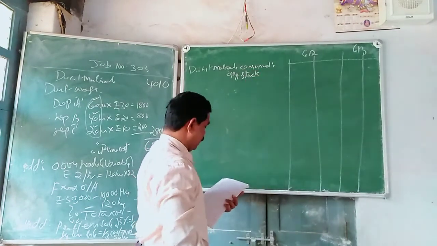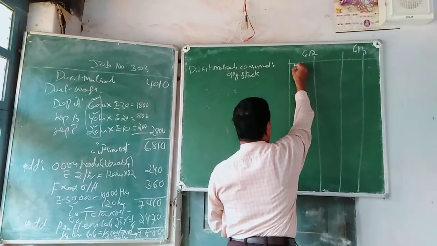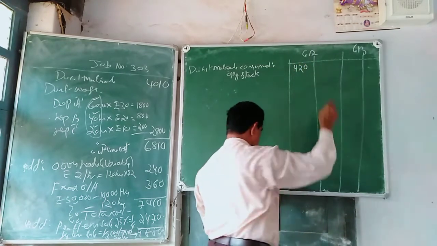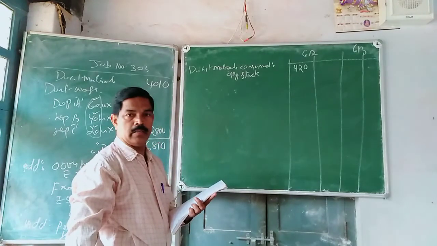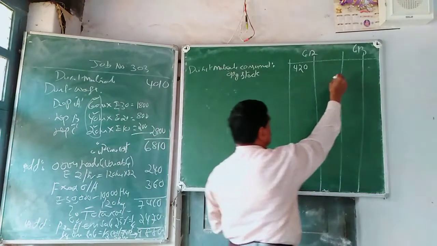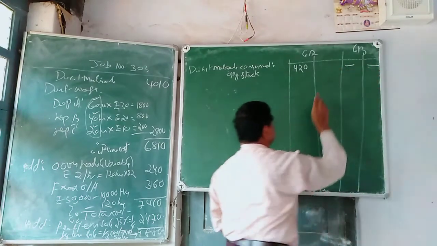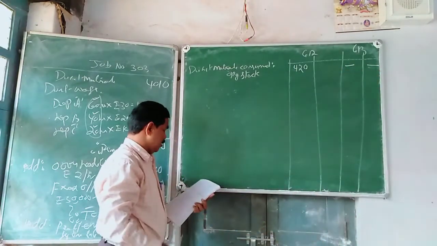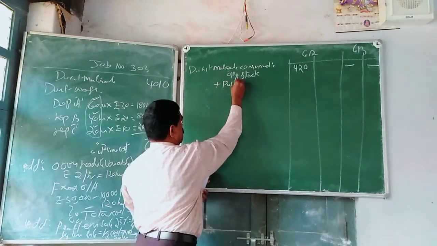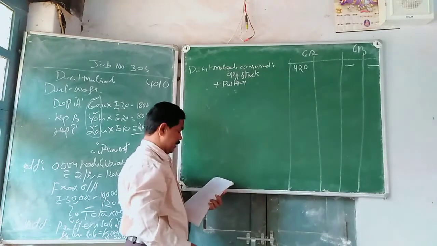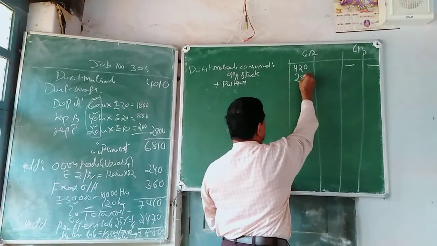Opening stock for 612 is 420. It is given. Then for 613, opening stock is not there. To this we add purchases. Purchase of raw materials for job number 612 is 280.